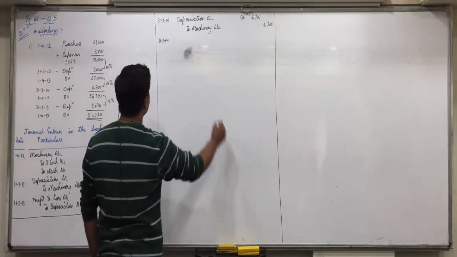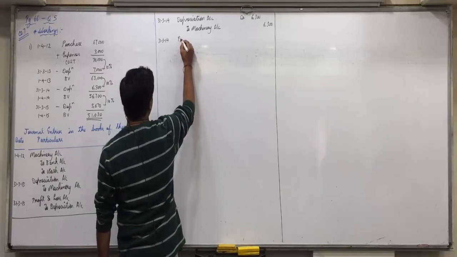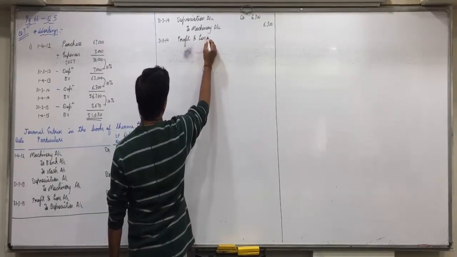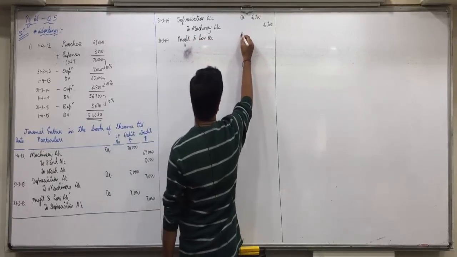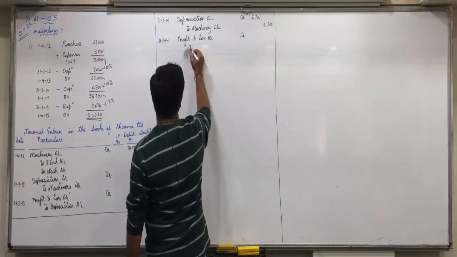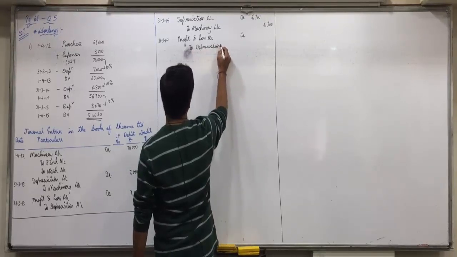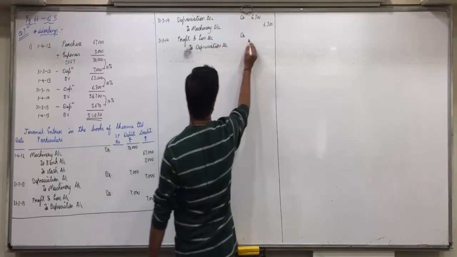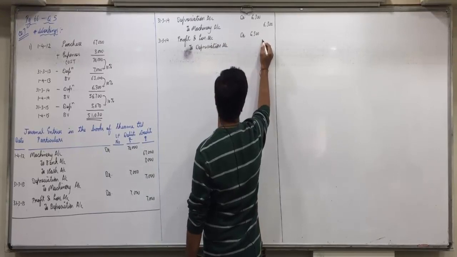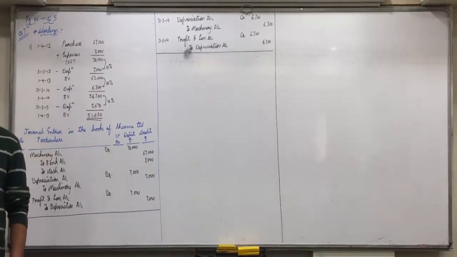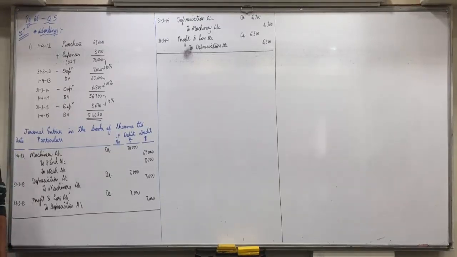Okay. And then 31/3/14 again, profit and loss account debit, to depreciation account 6,300. Being depreciation account transferred to profit and loss account. All are clear with this?